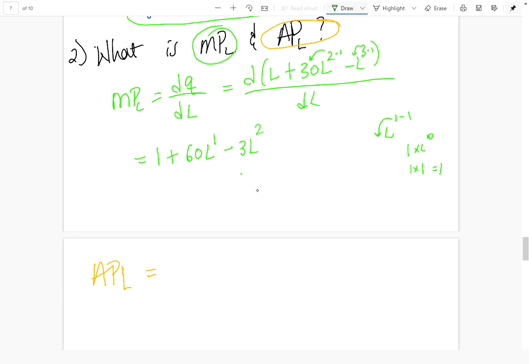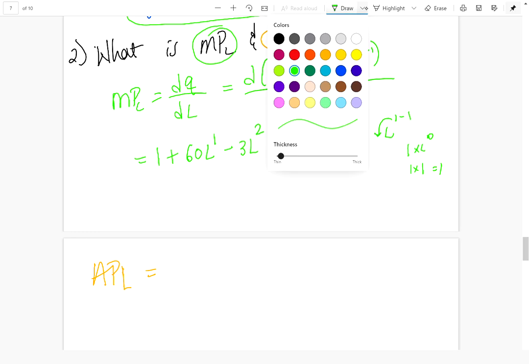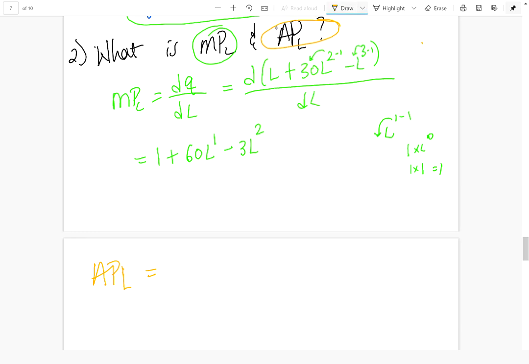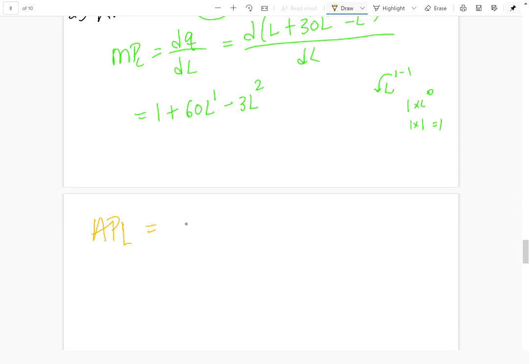Unlike MPL, APL is saying if we put everybody's production together, what will we have as each person producing? Right, so APL is equal to total production over labor, or is equal to Q over L.